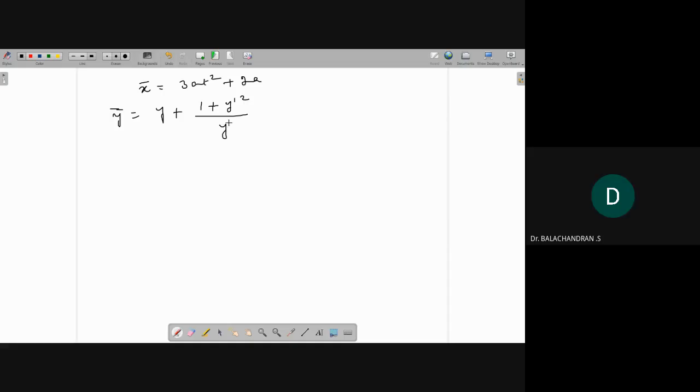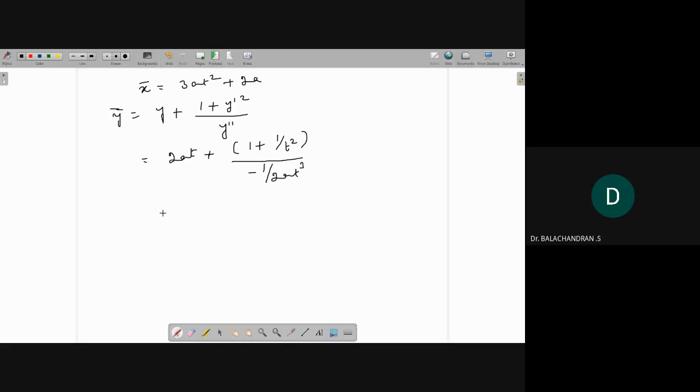So this is equal to y. What is y? 2at. 1 plus 1 by t square, divided by y double dash, which is minus 1 by 2at cubed, because y dash is 1 by t, so y dash square is 1 by t square.